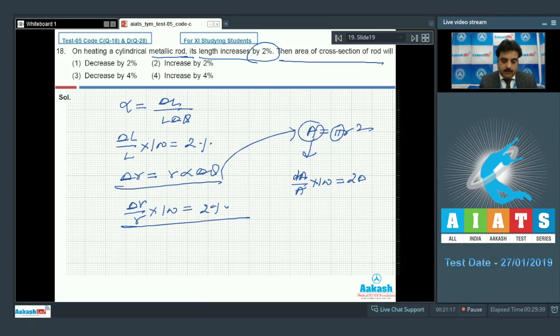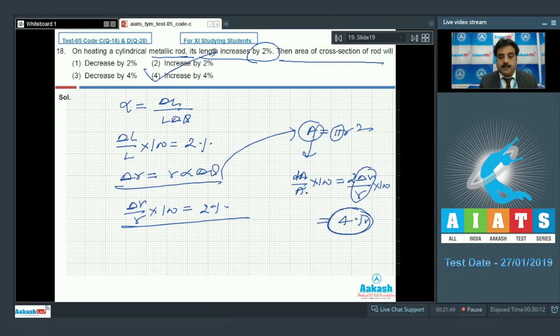So I can write 2 delta R by R into 100, because the value of delta R by R percentage is 2, so I have 4%. This is a basic question, because the positive means increase. So I can say my option number 4 will be the right choice.